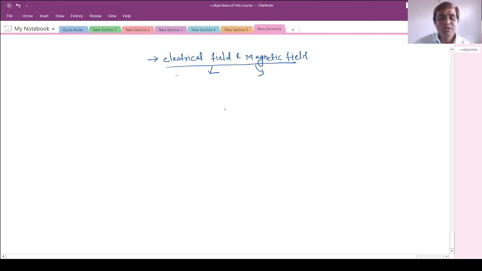If charges accelerate, then it gives both electric and magnetic fields. So here the quantities are charges, current, electric field and magnetic field. The relation among these quantities has been established by the Maxwell equations.